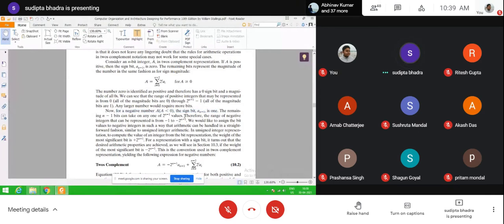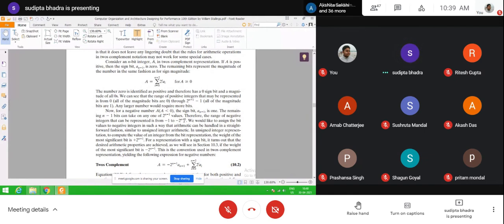Therefore the range of negative integers that can be represented is from minus 1 to minus 2 to the power n minus 1.